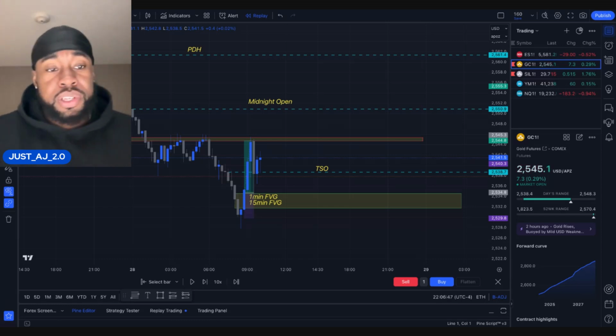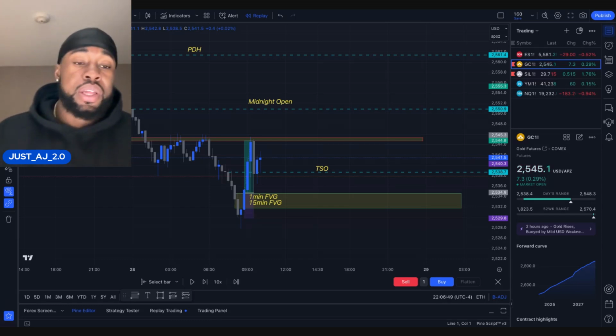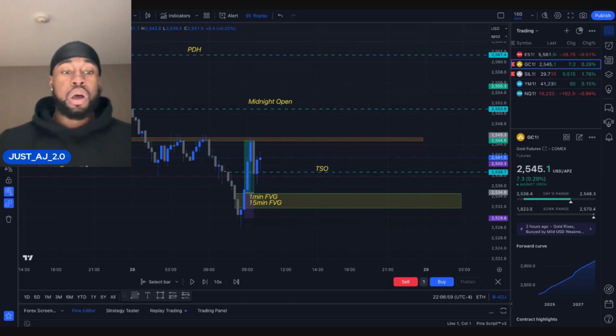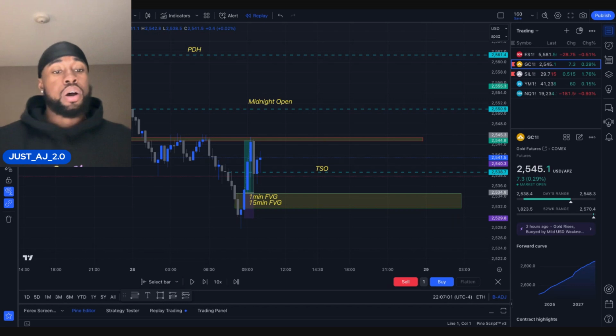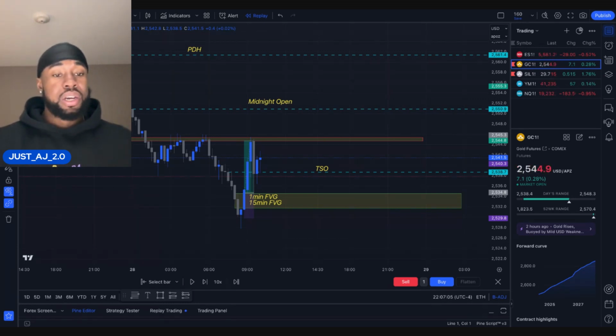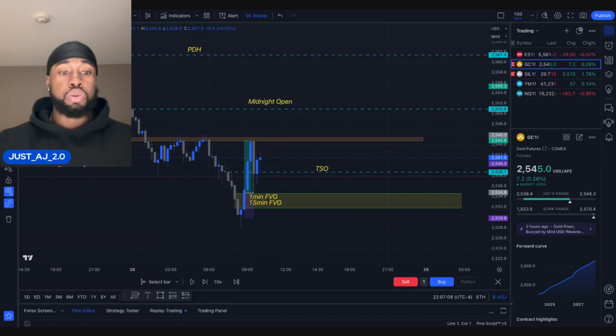I prefer to stick to previous day's highs and lows, the midnight open, the true session open, and then fair value gaps. I like to keep it as simple as I possibly can, and that's for me, because the more simple I can keep it, the more consistent I can be, the better my psychology is, which ultimately helps me to execute consistently.